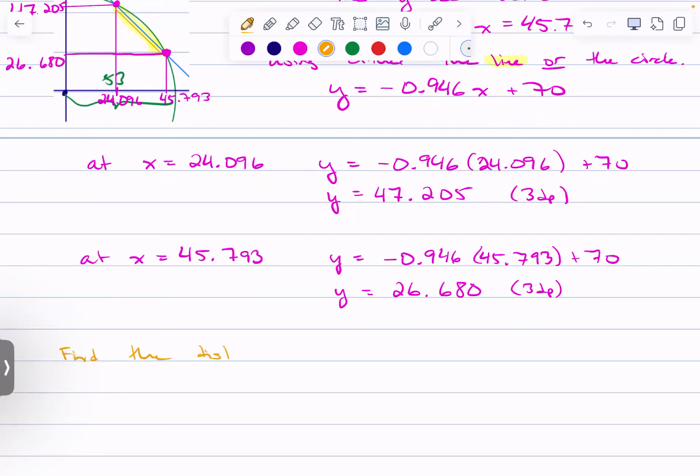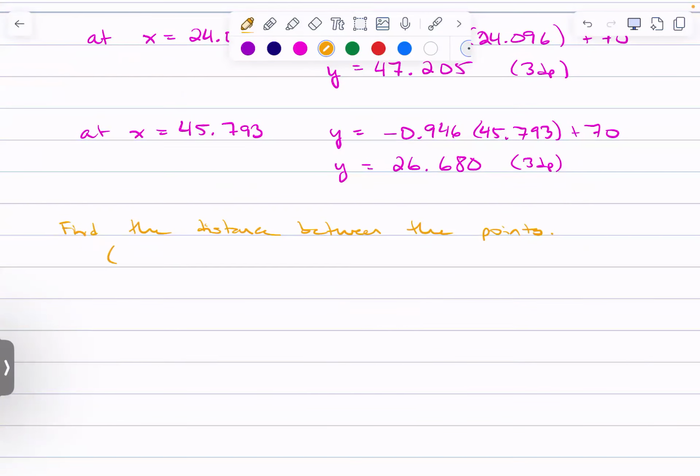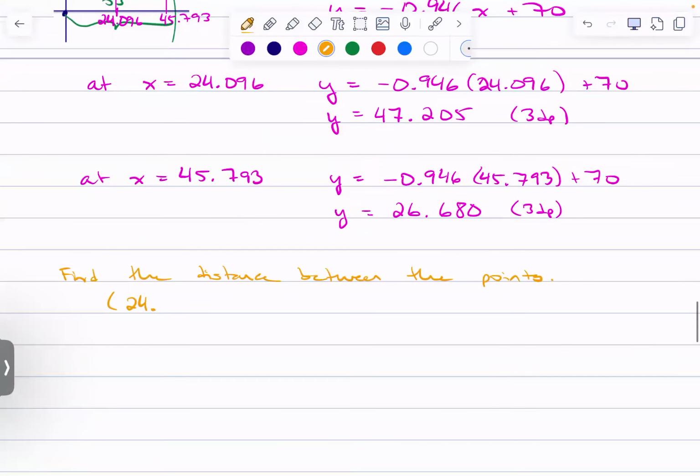Find the distance between the points 24.096 and 47.205. And when x is 45.793, up to 26.680.